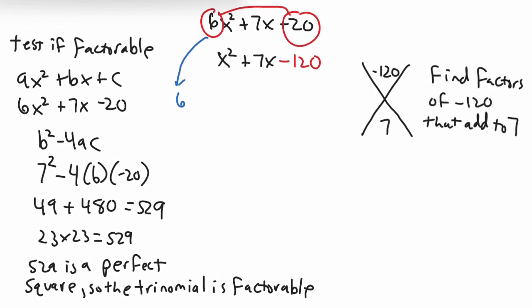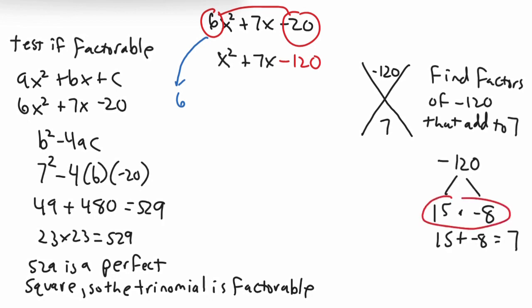Factors of negative 120 that add to 7. Okay, so as it turns out, 15 times negative 8 is what we need there, because 15 plus negative 8 is 7. So we need the 15 times negative 8. So 15 and negative 8, x plus 15, x minus 8.